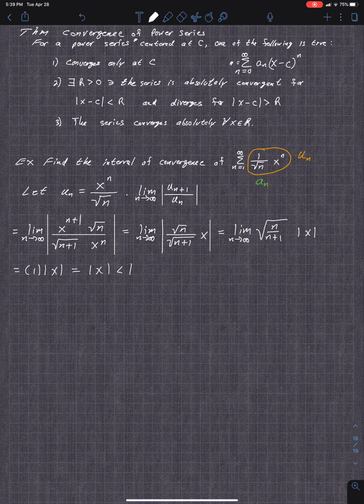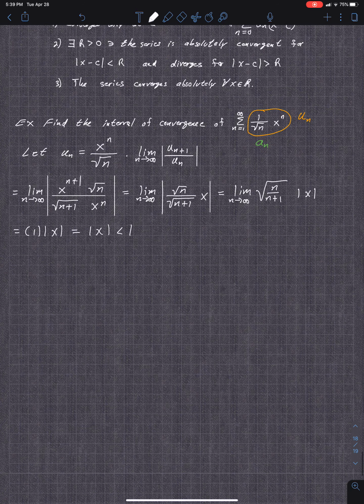All right, so this implies the series is absolutely convergent, provided the absolute value of x is less than 1. So you just have to test endpoints. So right now you have the radius of convergence is 1.